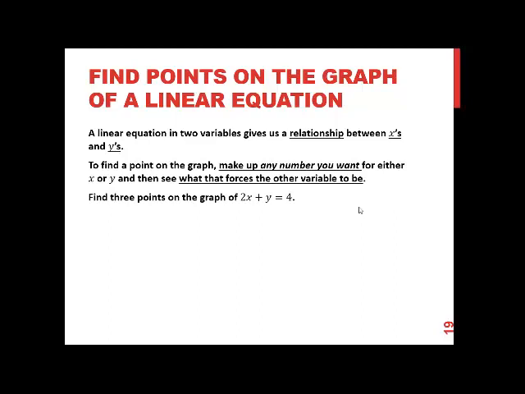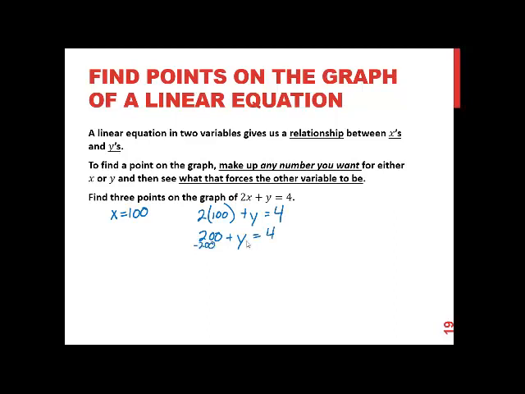Looking for points on the graph of 2x plus y equals 4. Well, since we get to try anything, I'm going to try x equals 100. Let's see, so 2 times 100 plus y equals 4. 200 plus y equals 4.